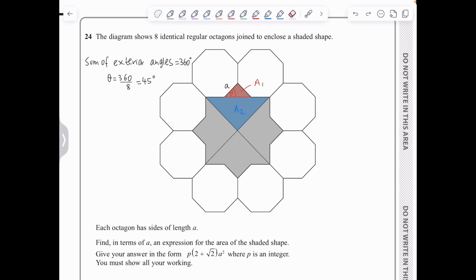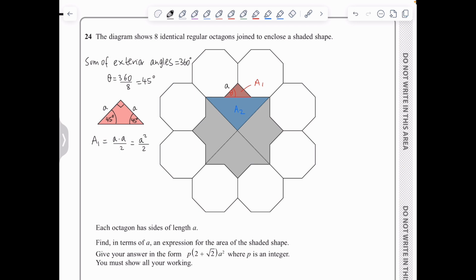So I can extract the red triangle here to see exactly what's happening. We know that the side here is a and this is also a. The angle at the base is 45 degrees, and this being an isosceles triangle means that this is also 45 degrees, which makes the third angle a 90-degree angle, and I can easily find an expression for the area of the small triangle A1, which is base times height over 2, so this is a squared over 2.